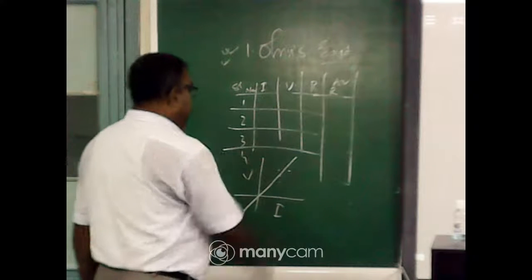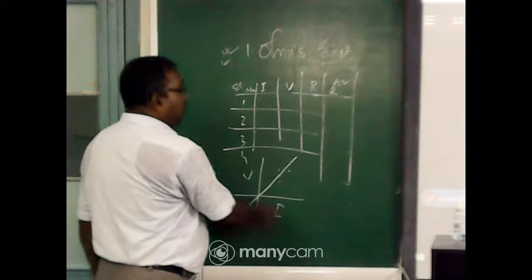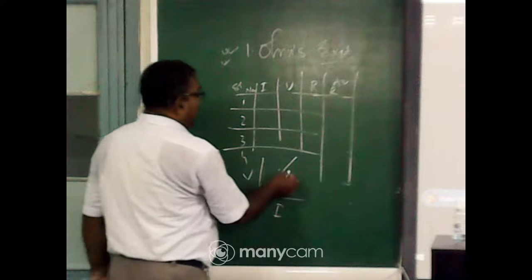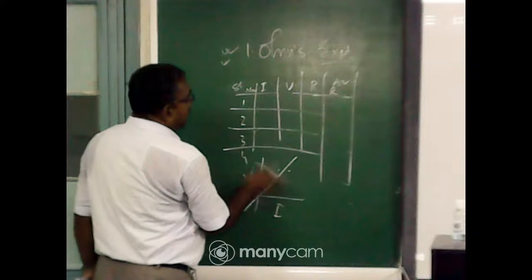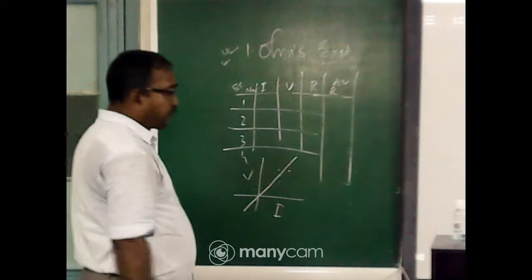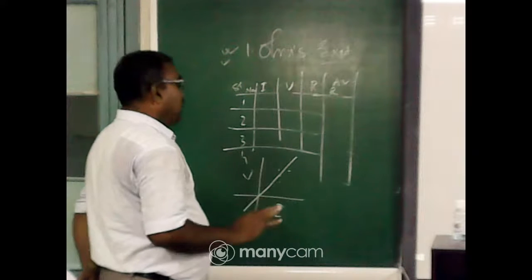Two points are on the line, along with the 0,0 point, and the rest of the 3 points are above and below the line. This is the line.